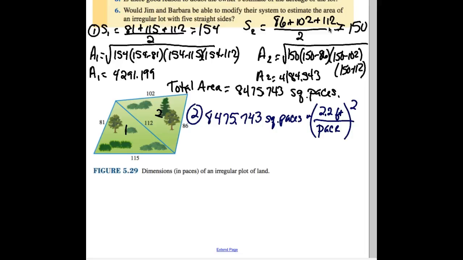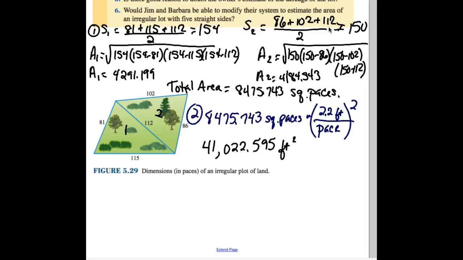So use your calculators. You're going to take 8,475.743 times 2.2 squared. So we end up with the area being 41,022.595 square feet.